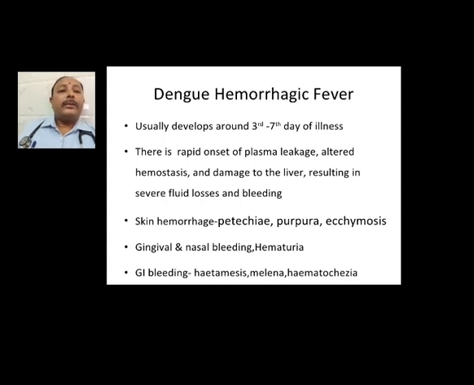Skin hemorrhages, patches, purpuras, ecchymosis are very common. Gingival and nasal bleeding as well as hematuria. GI bleeding, hematemesis, melena, hematochezia are also present in dengue hemorrhagic fever, that is DHF.